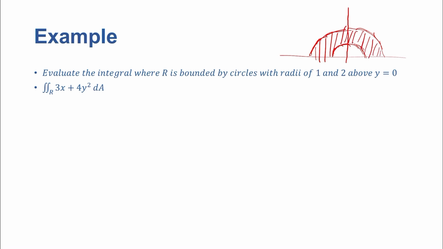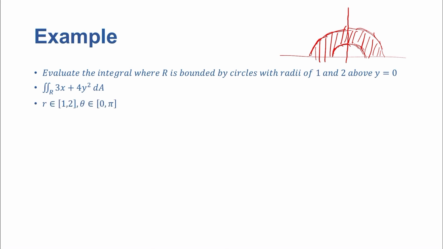Now, what we can do with this is use polar, because this would be very tricky to use rectangular. Obviously, we can't describe this as a type 1 or type 2 region, and it would be hard to divide it into a series of type 1 and type 2 regions. It's going to be much easier if we use polar coordinates, because these are circles, so naturally polar would be the way to go.